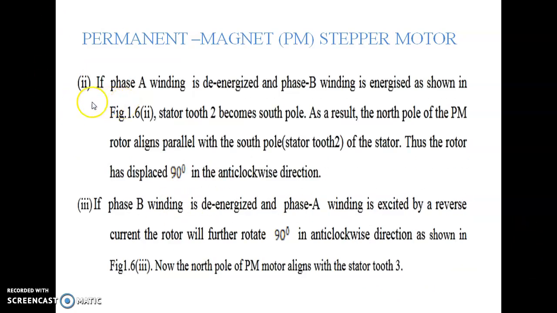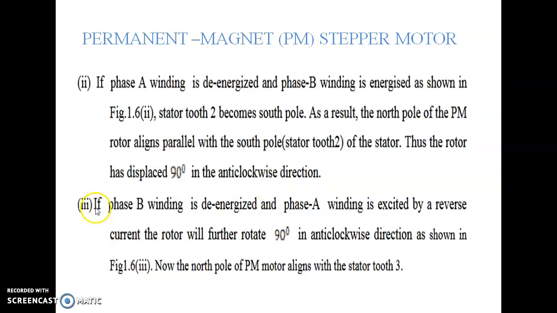Secondly, if phase A winding is de-energized and phase B winding is energized, as we have seen in figure 2, the stator tooth 2 becomes south pole. As a result, the north pole of the permanent magnet rotor aligns parallel with the south pole, that is stator tooth 2 of the stator. Thus, the rotor has displaced 90 degree in the anti-clockwise direction.